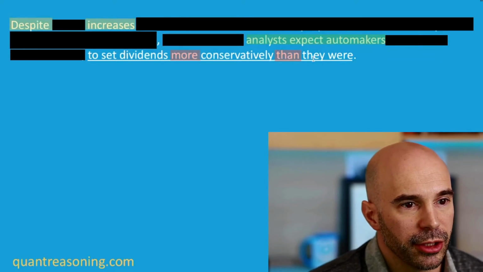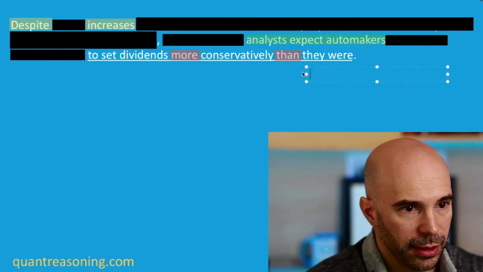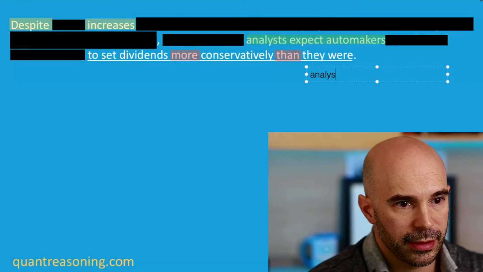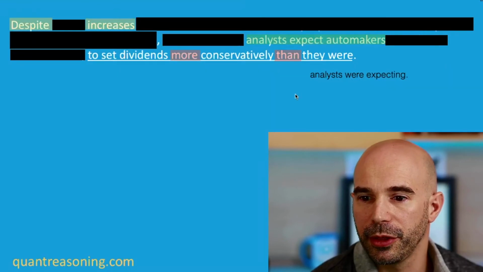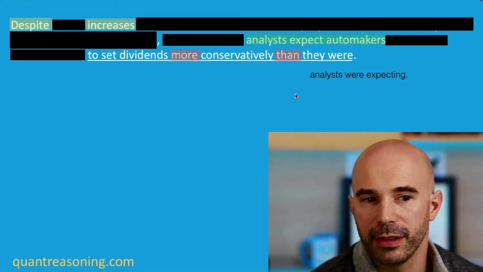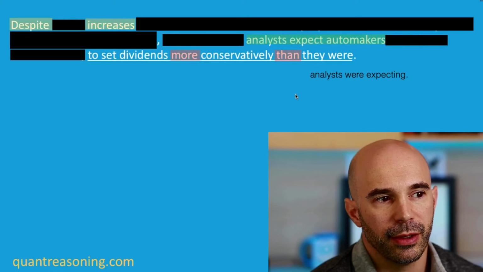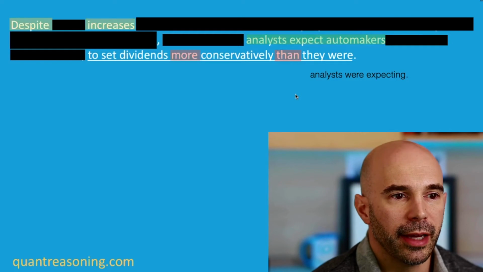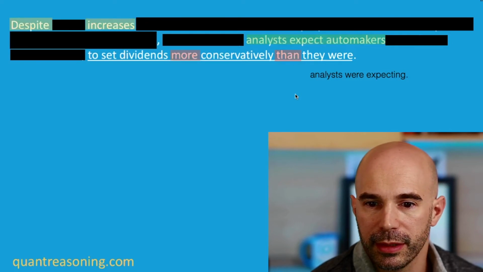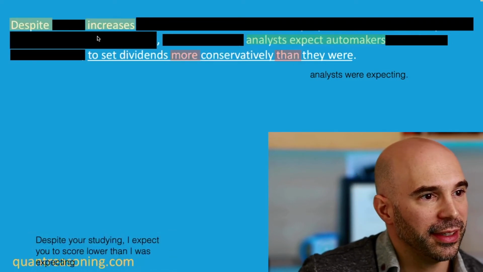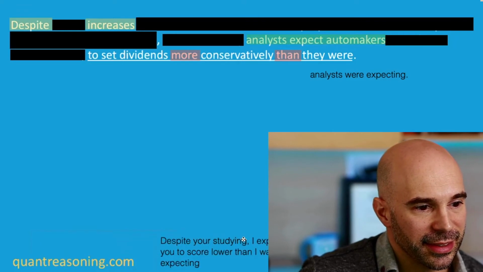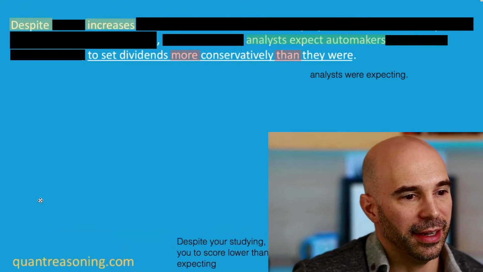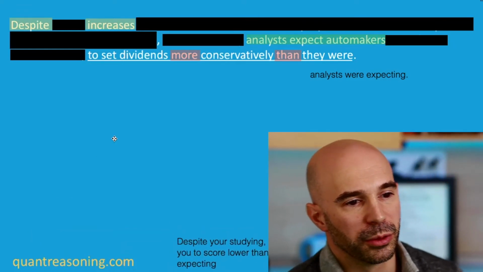And does that make logical sense that this is referring to analysts were expecting? Is that what the author intended to convey? That the analysts expect automakers to set dividends more conservatively than analysts were expecting. I just constructed an analogous sentence, okay? And now I'll explain the comparison rule.